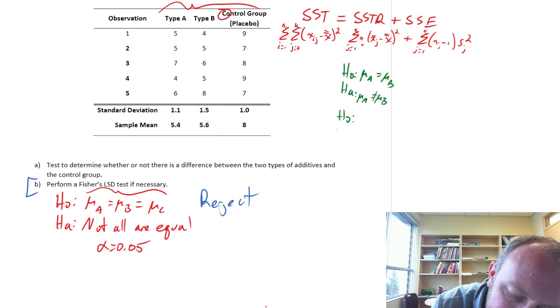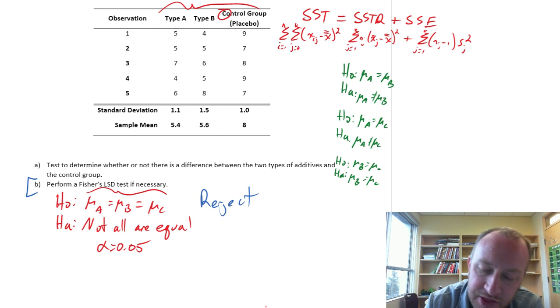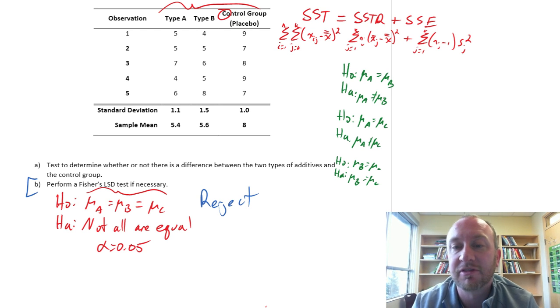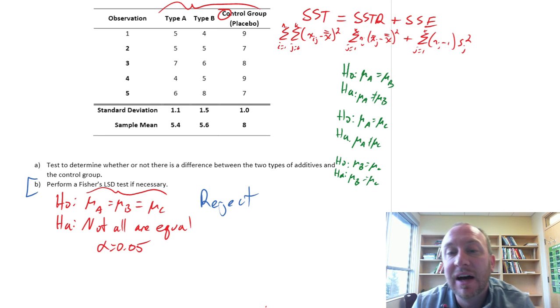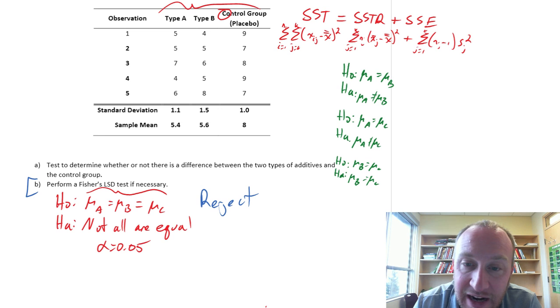Then we'll test to see if mu A is equal to mu C or not. And finally, we can test to see if mu B is equal to mu C. So you can see with only 3 treatments, we end up with just 3 pairwise comparisons. If I had 4 treatments, 5 treatments or 6 treatments, you can see how the number of pairs that we can compare will increase quite rapidly.